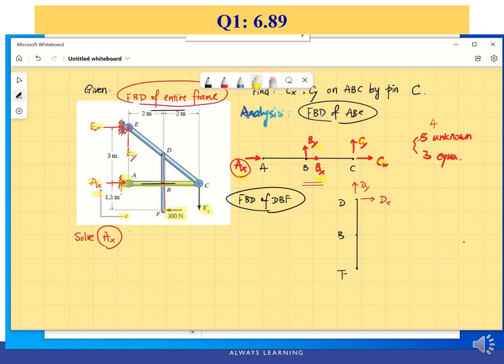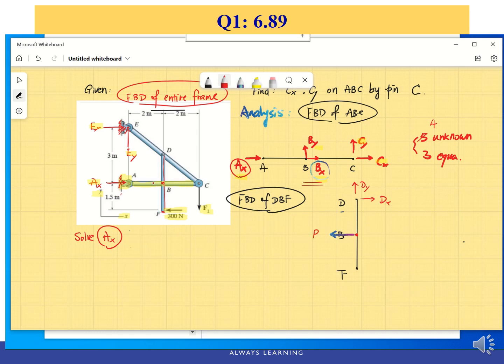And now at pin B, connecting member ABC and member DBF, the forces applied by pin B on those members are action and reaction. So the B of X applied to ABC is the action, and the force applied on DBF will be the reaction of the force applied on ABC. Same magnitude and opposite direction.